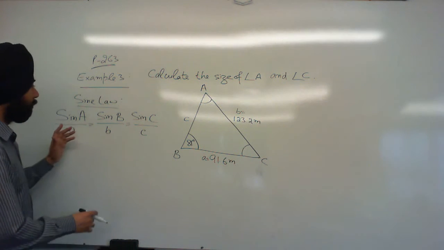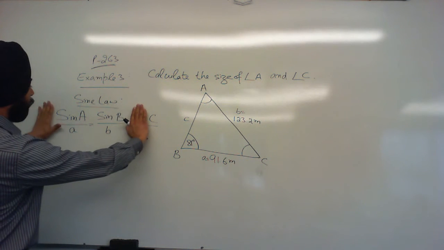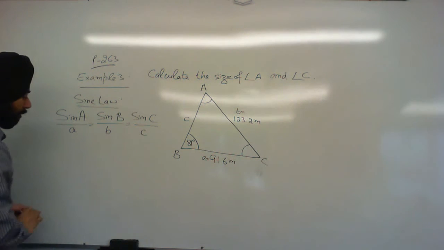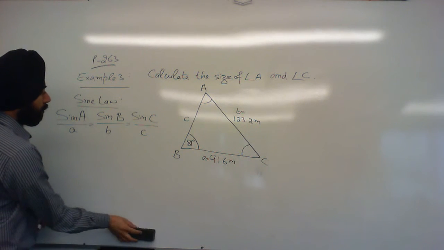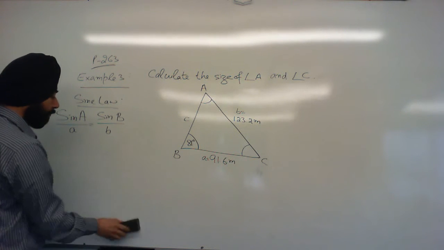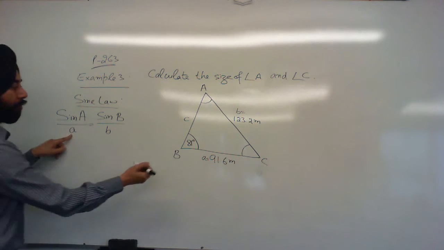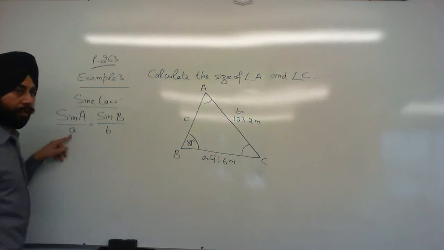Now if you use this part of the sine law, sine A over A is equal to sine B over B, you don't use the third part, I will just erase it. So you just want to use this part of the sine law. You know that A is known. You can see it's given as 91.6.